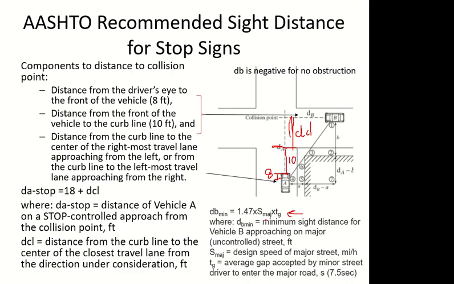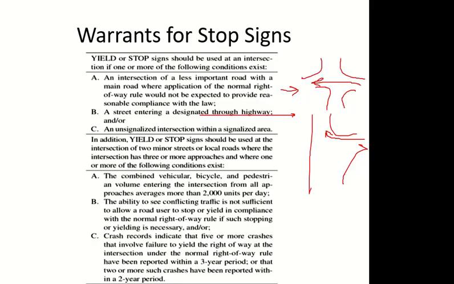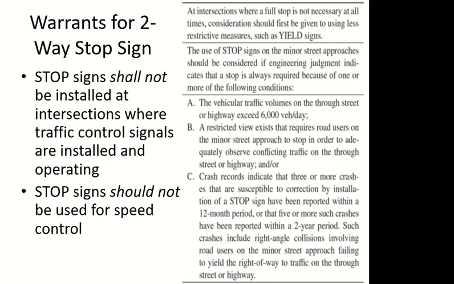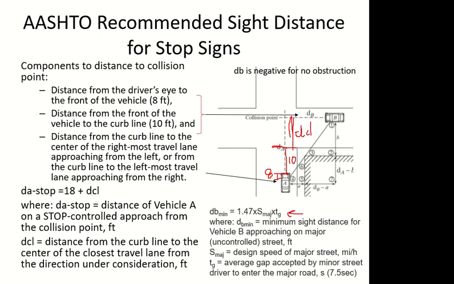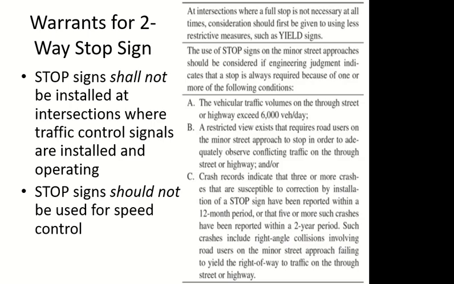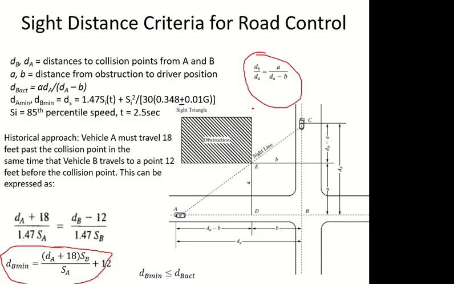Okay, so the available distance can be checked with these three criteria: the side distance only, the side distance with the safety distances 18 feet and 12 feet, or the distance which the driver has with the stop sign on the road. So dB minimum will be checked against what you get from this ratio. Okay, so this ratio is the means which gives you the available distance.